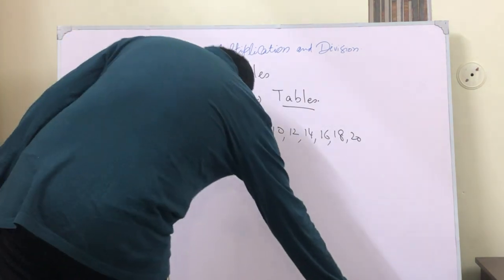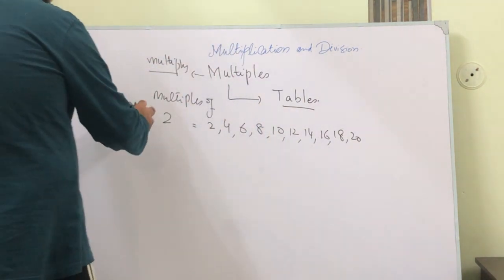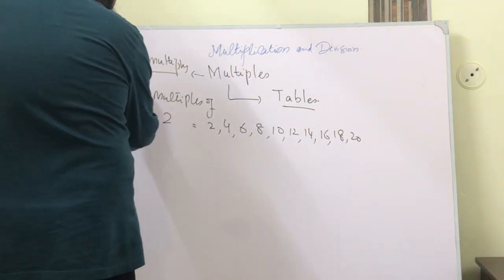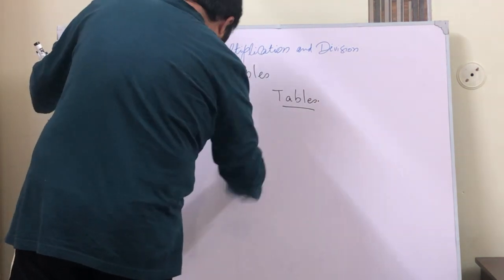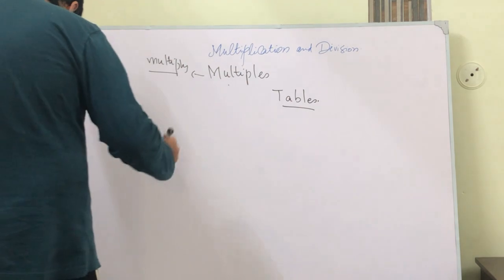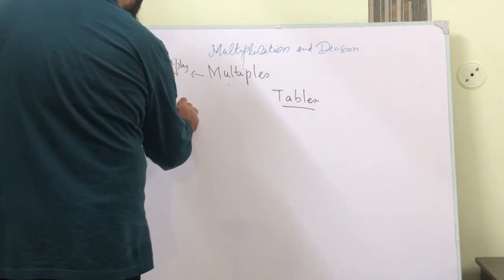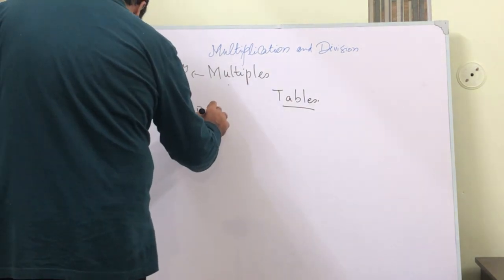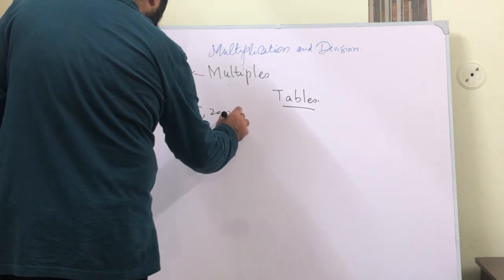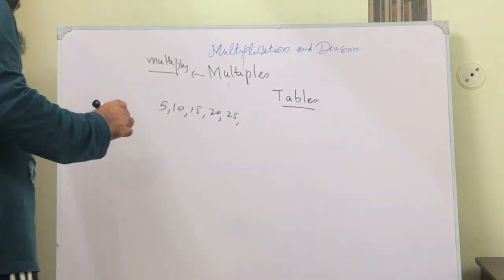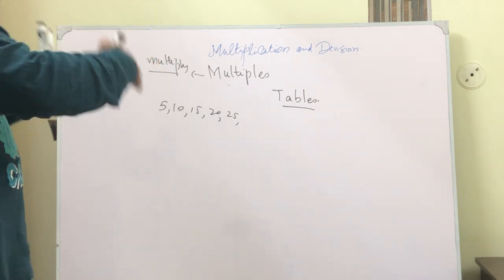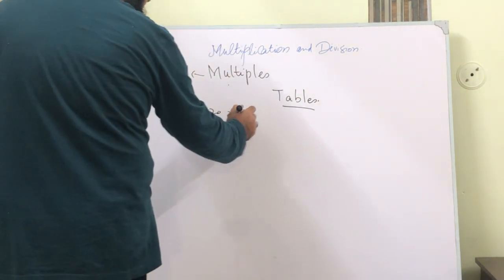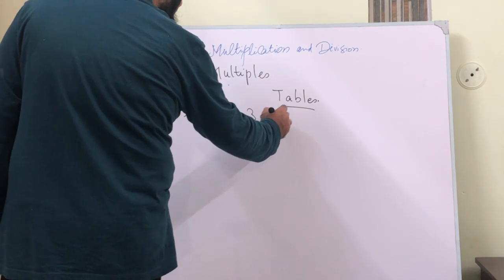Now we see that on page number 31 we have a question where it is written 5, 10, 15, 20, 25. This is given. They say list the next 7 multiples of 5. So after 25 comes 30, then 35.